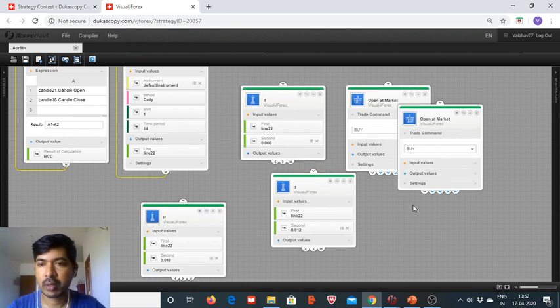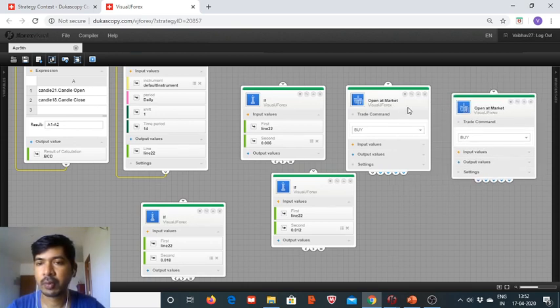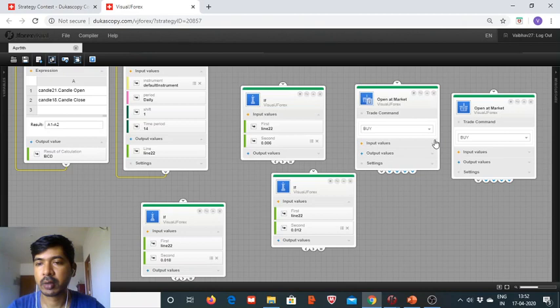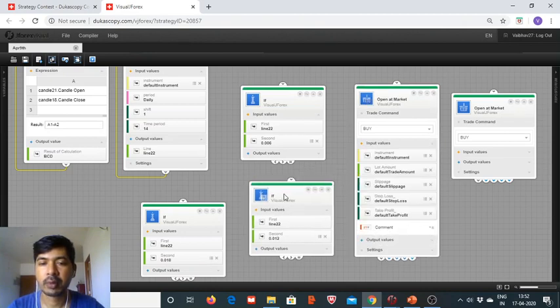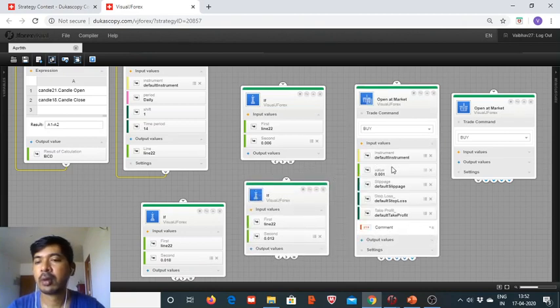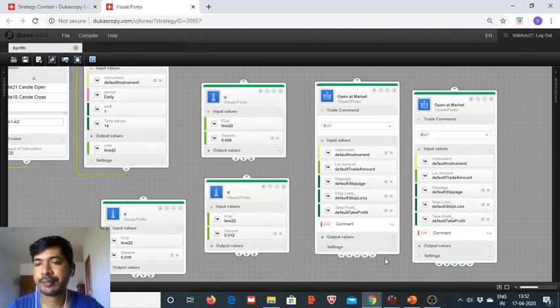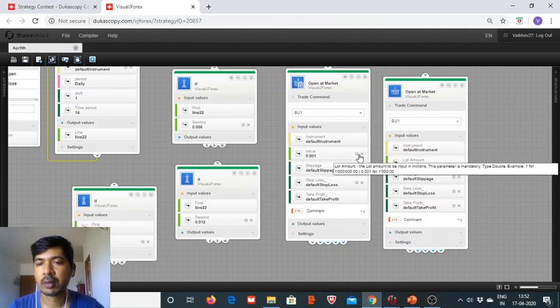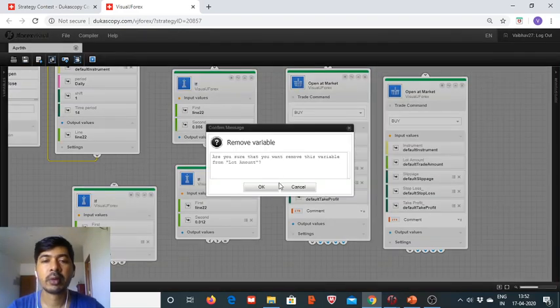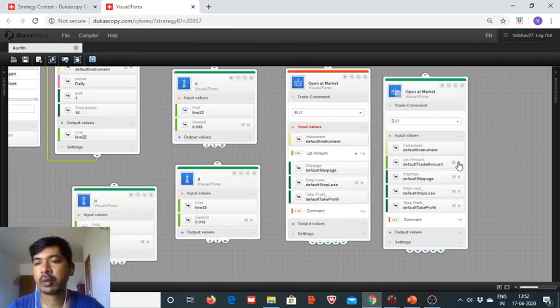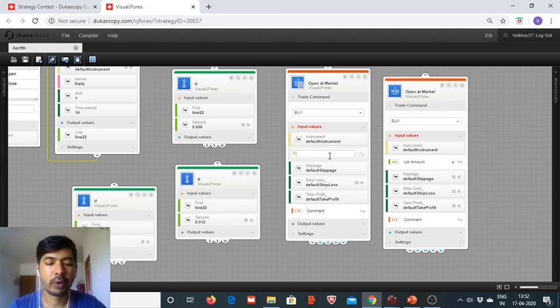So coming to this particular setup, now the trade amount, which we will be defining at 0.3 million and 0.2 million.